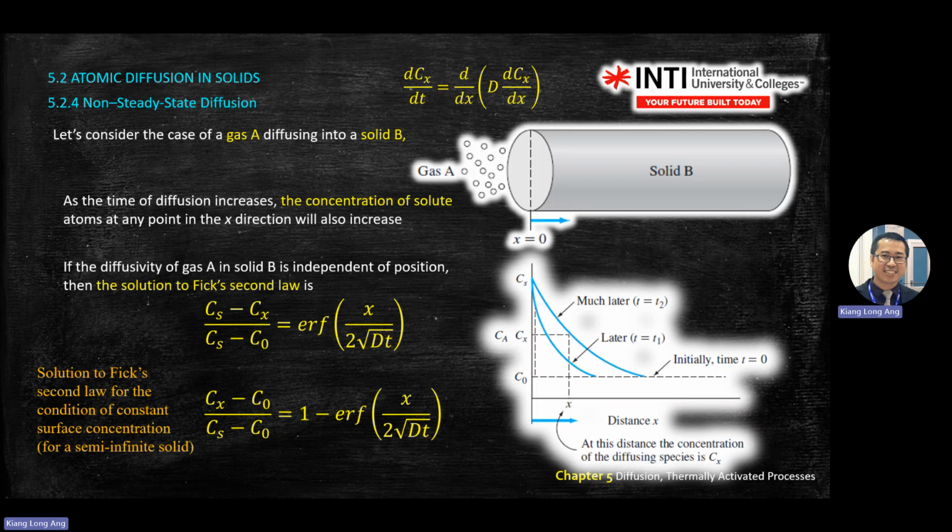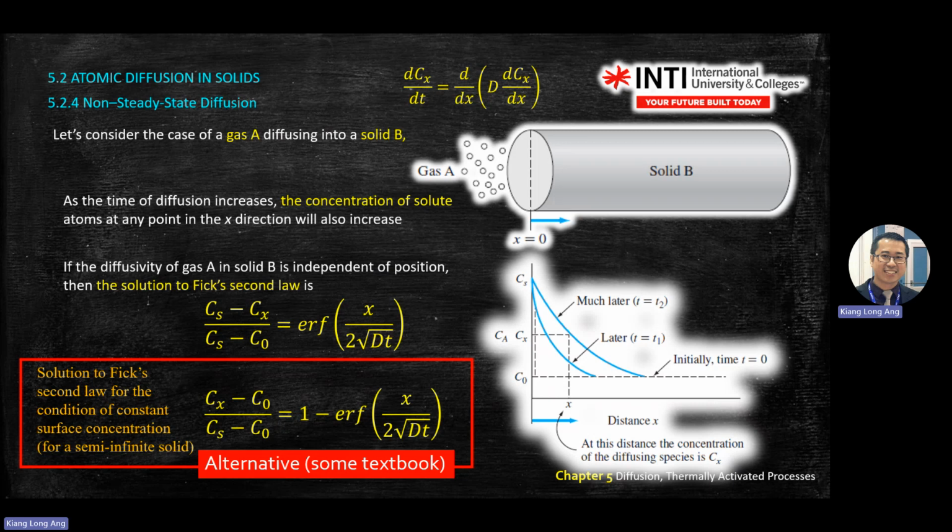Either you use Cs minus Cx or Cs minus C0, but if you use C0, remember the right-hand side is 1 minus. It's a rearrangement of the equation. So in a test or the final exam, you can use either one to solve.